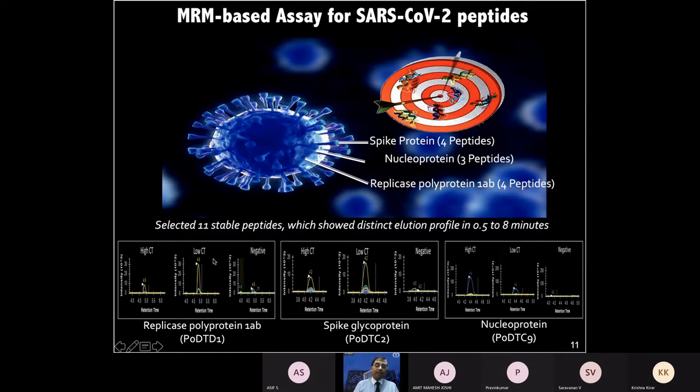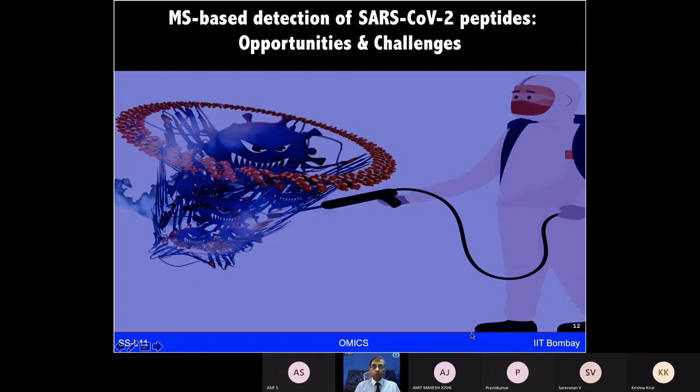We also tried to correlate that with the real-time PCR CT values, high CT or low CT. A high CT value means the viral infection is less, and a low CT value, 15, 16, or 18, indicates there could be a high viral load. Those are also reflected in the peptide levels of this multiple reaction monitoring based test.